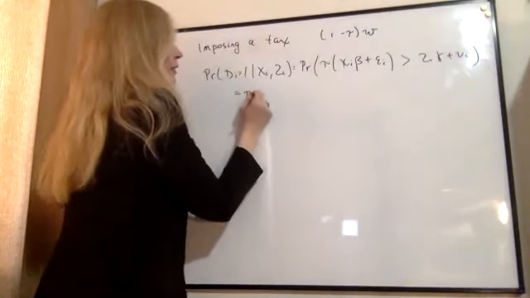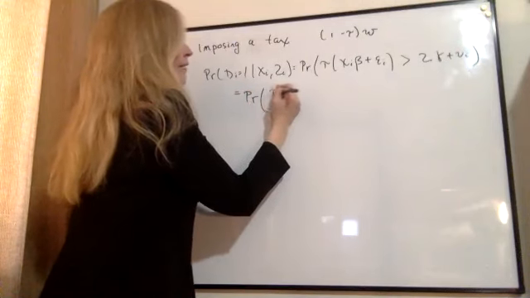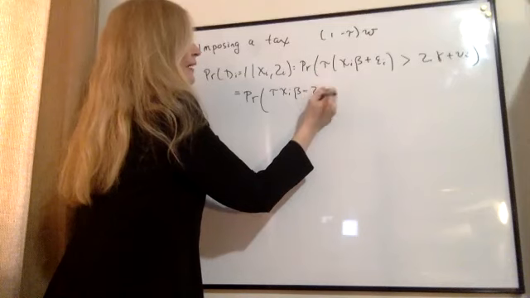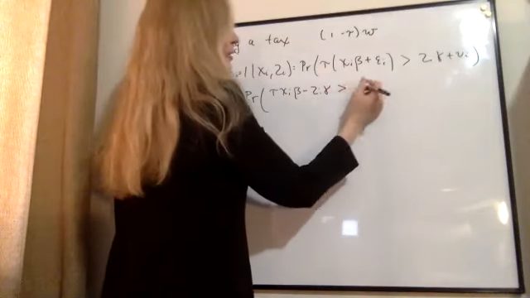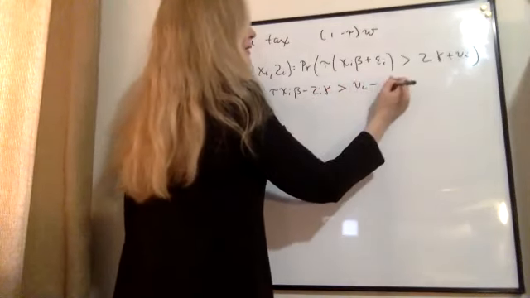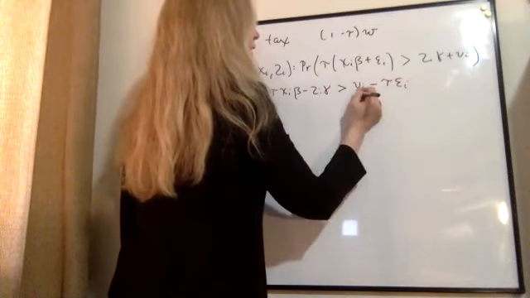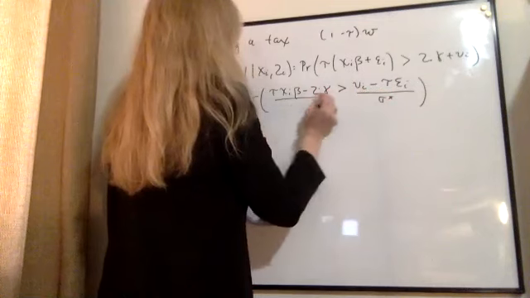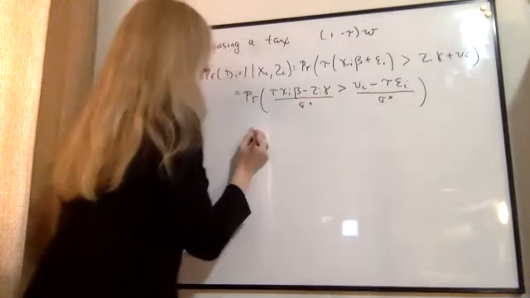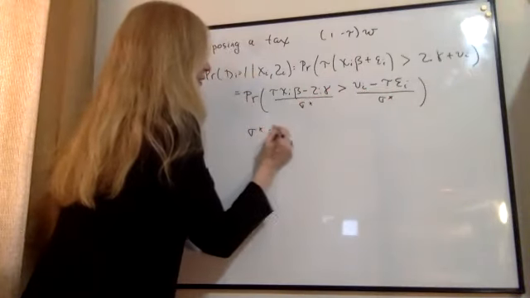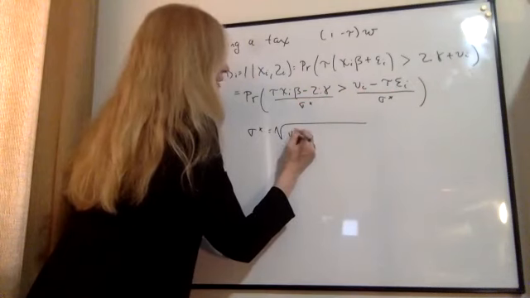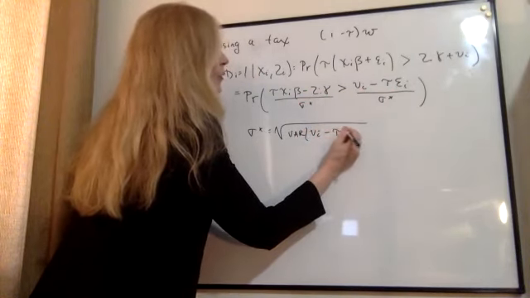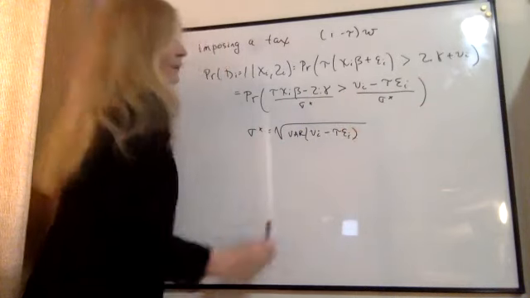And so that's going to be tau times xi beta minus zi gamma is greater than vi minus tau times epsilon i. And this sigma star is now the square root of the variance of vi minus tau times epsilon i.